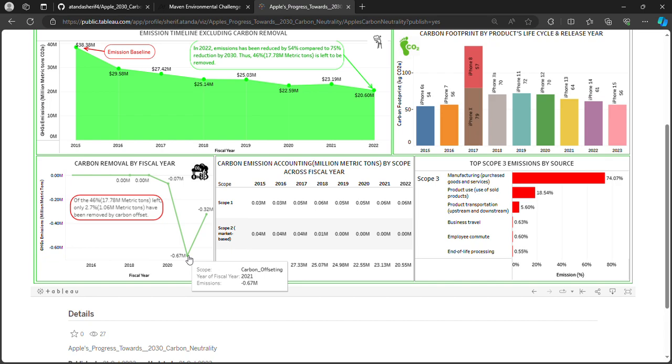That is in Colombia, the mangrove forest. Apple did the project in which they planted trees, and what these trees will be doing is absorbing the carbon that has been emitted by Apple into the atmosphere.